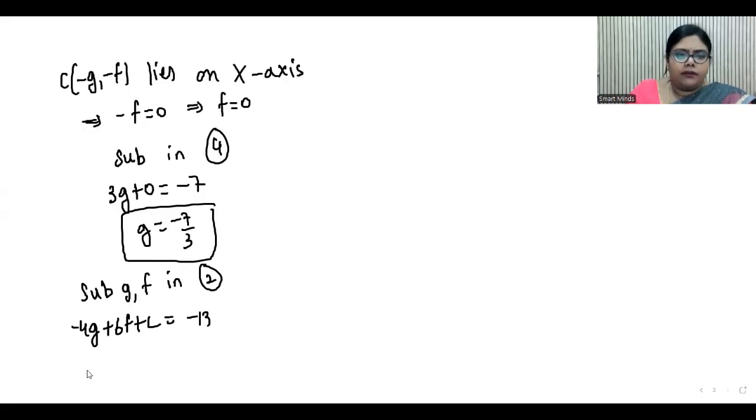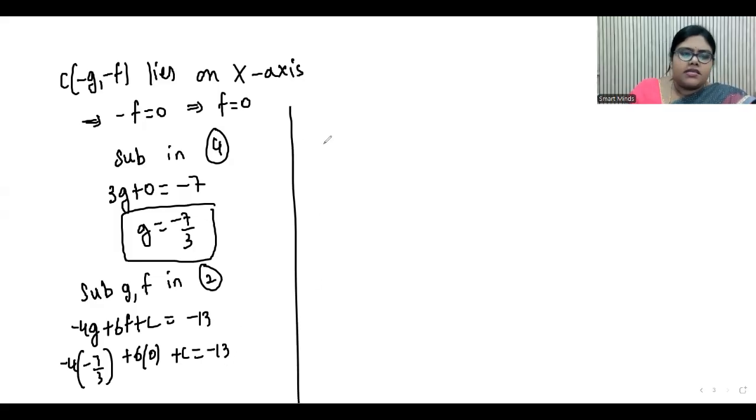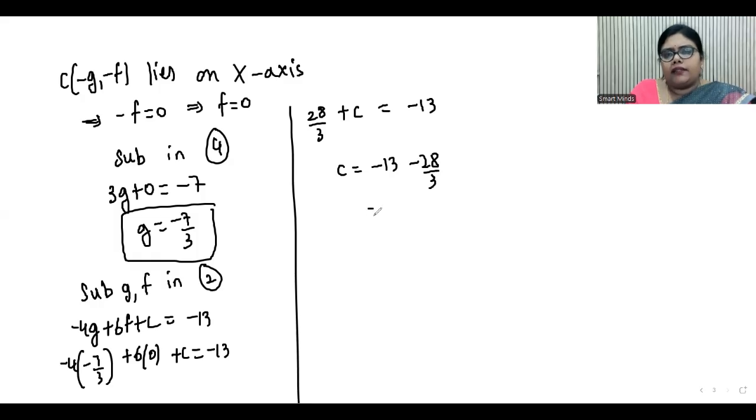So you will get minus 4 into minus 7 by 3 plus 6 into 0 plus c is minus 13. So this is 28 by 3 plus c is minus 13. c is minus 13 minus 28 by 3. Take the LCM: minus 39 minus 28 by 3. That is minus 67 by 3.